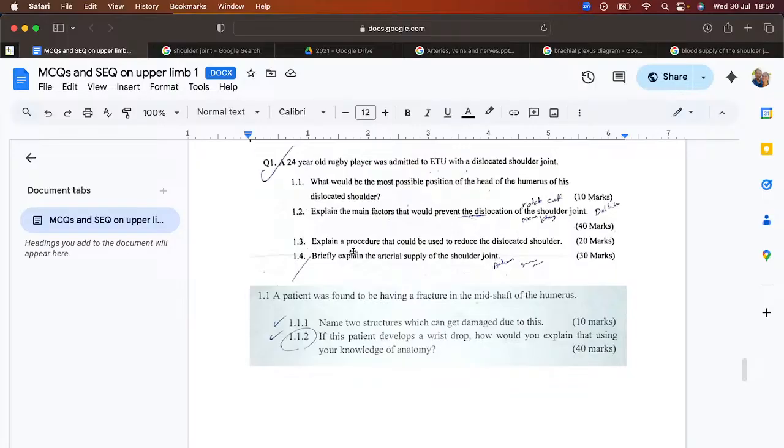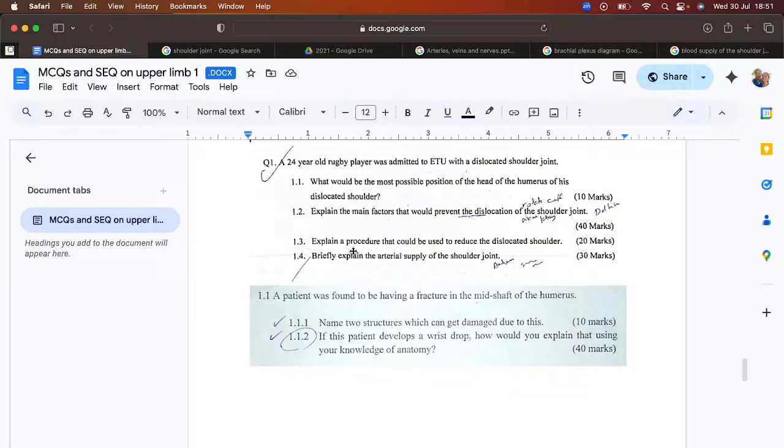And then you're going to swing the head of the humerus, and by doing so, what happens? Essentially the humerus returns back into the capsule. So the head of the humerus will be relocated next to the glenoid fossa of the scapula.